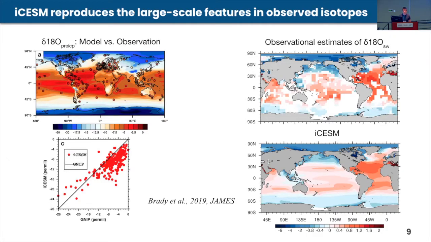You see that the model can reproduce the large scale features in observed isotopes. Specifically, we have positive values over the low latitudes and negative values of delta 18O in seawater over high latitudes. This is a signature of Rayleigh distillation.